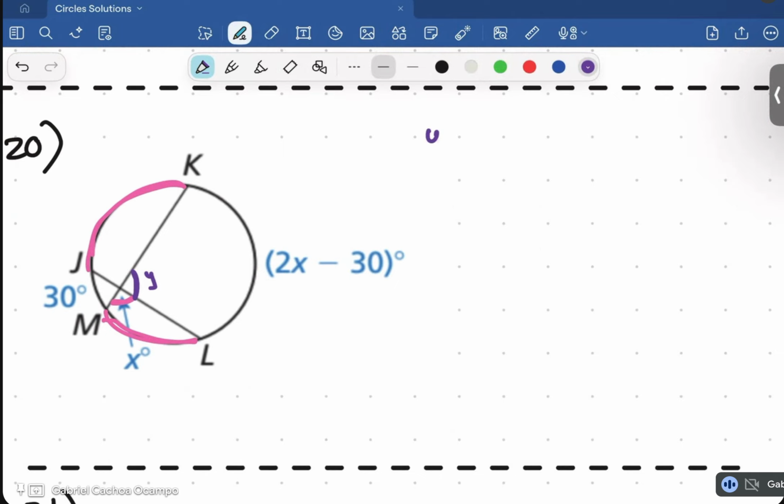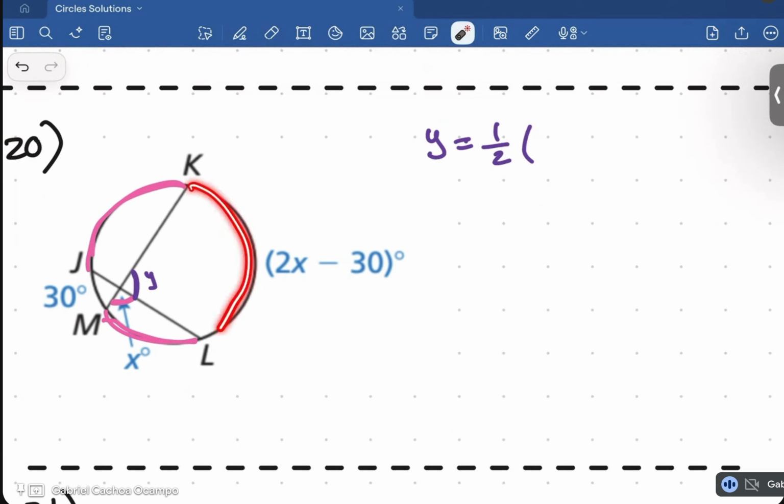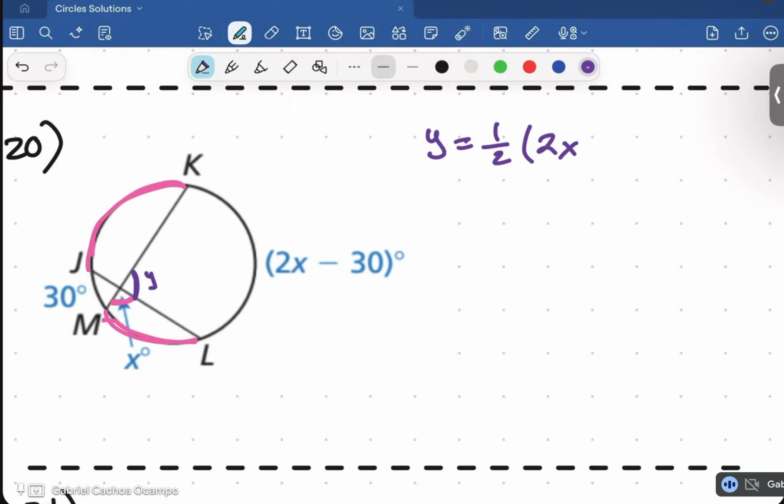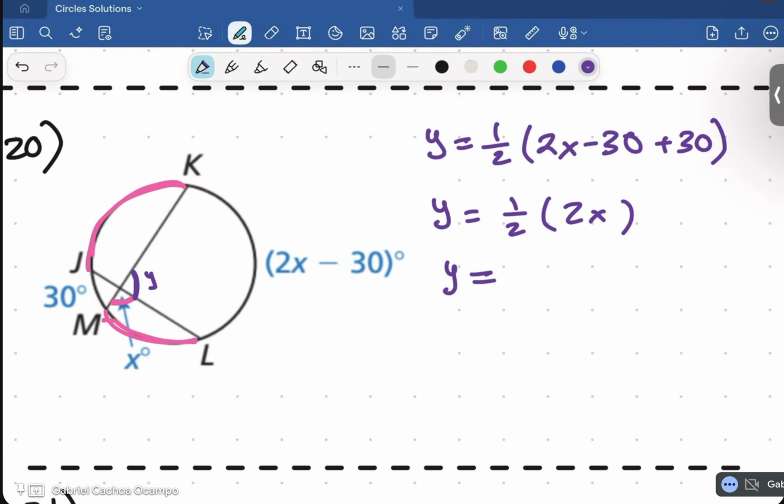So I know that y equals 1/2. I am going to do a plus because my angle is inside. The major arc plus the minor arc. So 2x minus 30 plus 30. Okay, we can simplify this. So this means that y equals 1/2 of 2x, no? Because the 30s are going to cancel out. And 1/2 and 2 cancel out, so y equals x.